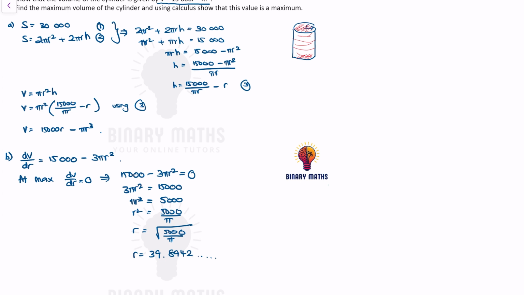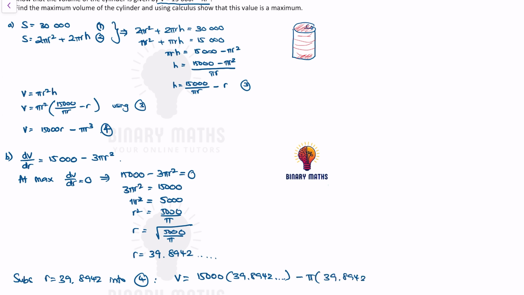If r is equal to that, then in order to find the maximum volume, I need to substitute into the V formula. So if I call this 4, substitute r is equal to 39.8942 into 4, then I get V is equal to 15,000 times 39.8942, take away pi times 39.8942 cubed, which gives me a value of 398,942.2804 and so on.